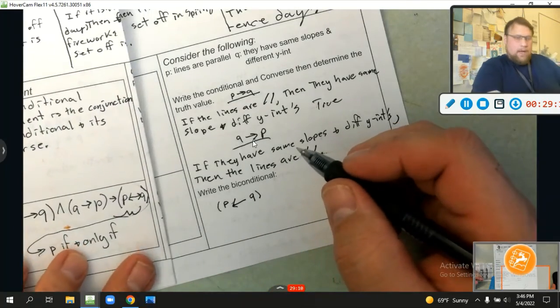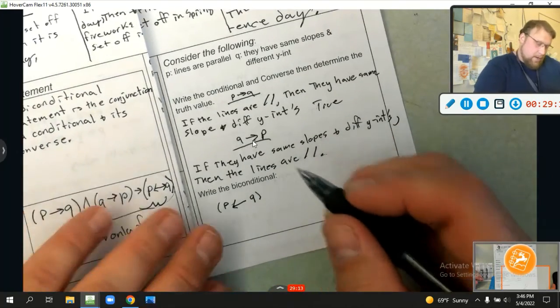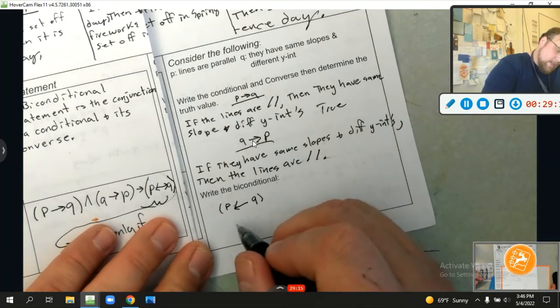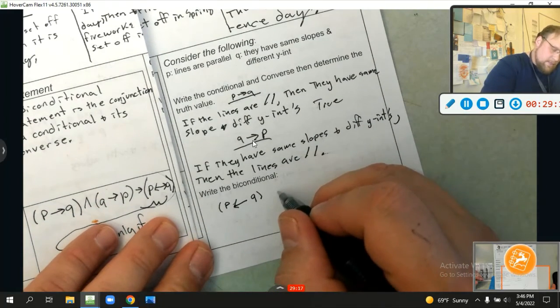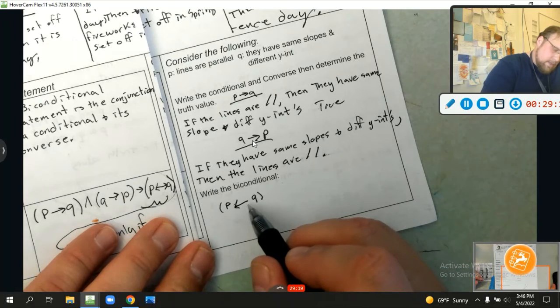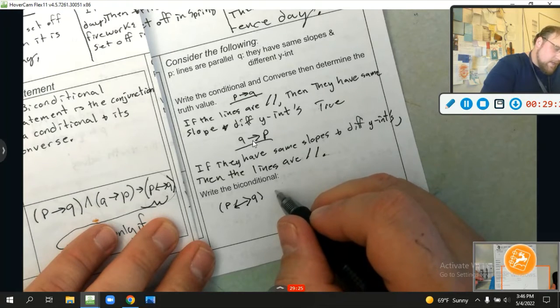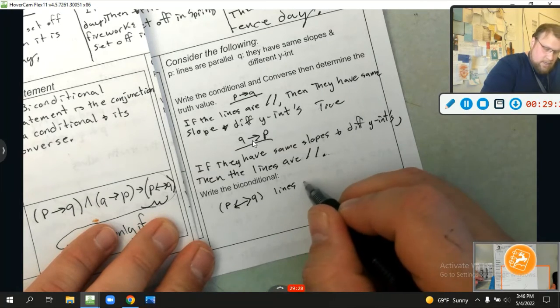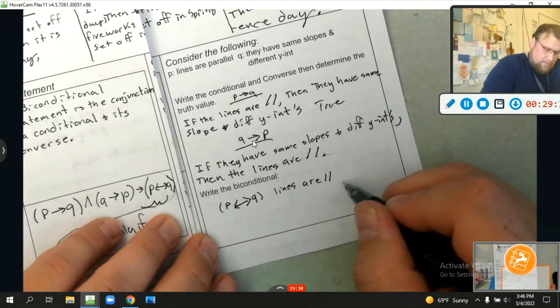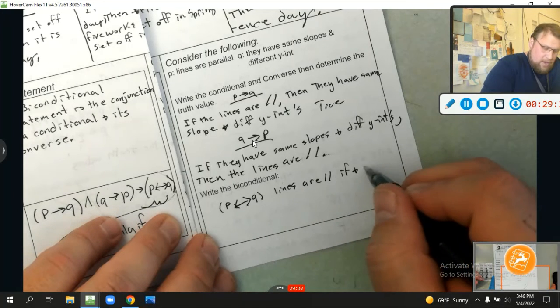All right? And what's the biconditional that we can write? We can say, remember, it looks like this. It's good backwards and it's good forwards. Okay? So we're going to say lines are parallel if and only if.